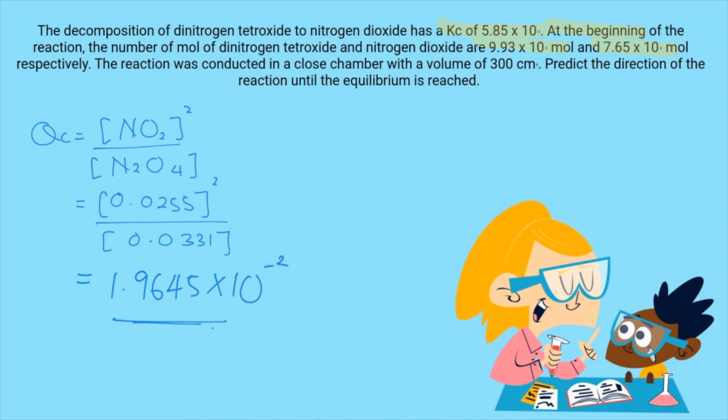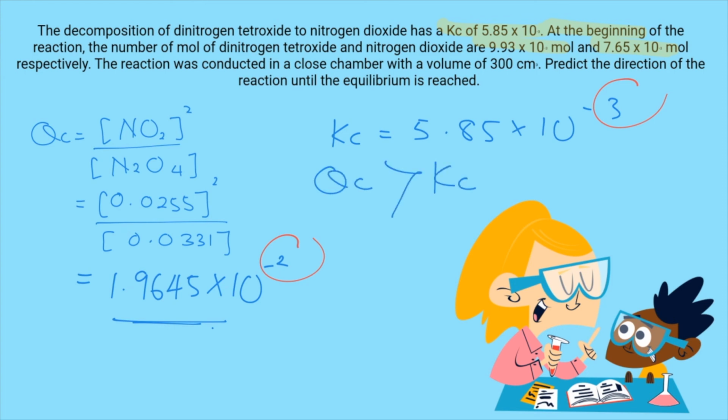Alright, so from here we need to compare with the value of Kc that is given in the question. The Kc is equivalent to 5.85 times 10 to the power of negative 3. By looking at these values, you can see that your Qc is actually bigger than your Kc.